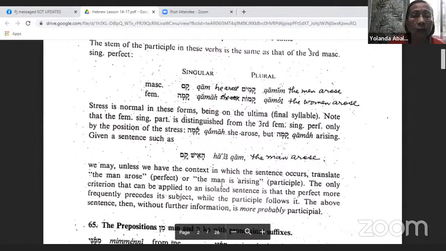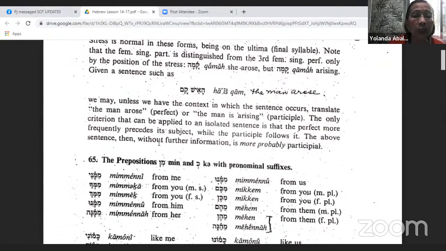So, ang next natin ay preposition min and the preposition k na may kasamang pronominal suffixes. Ang preposition makikita mo sa unahan, ang suffixes makikita mo sa hulihan.